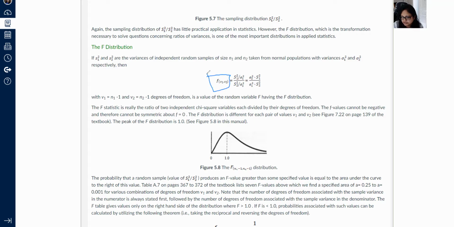We mentioned V1, V2 at first, that means population 1 and population 2. In the upper area, the numerator, we use population 1, and in the denominator we use the second population.